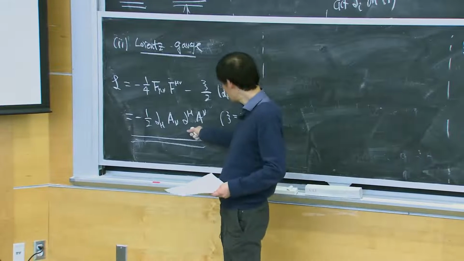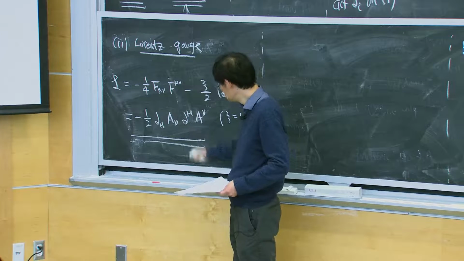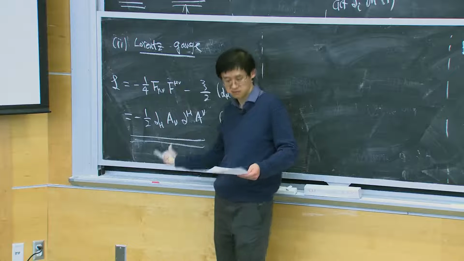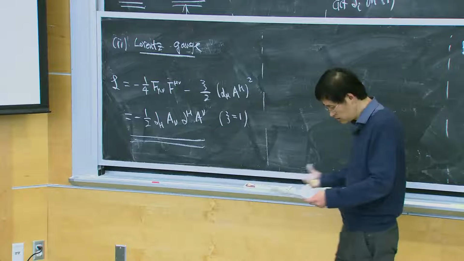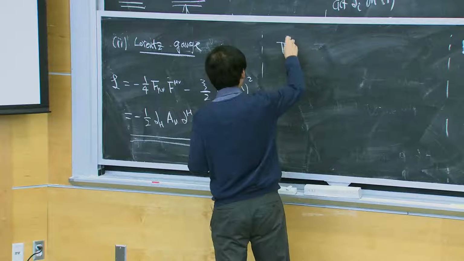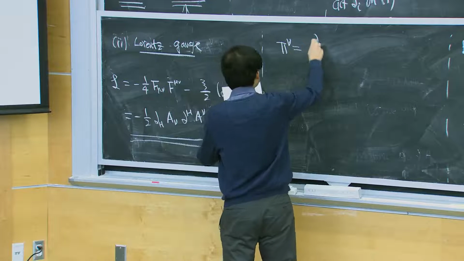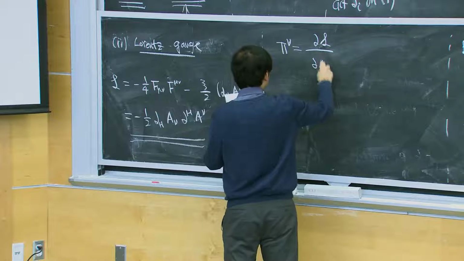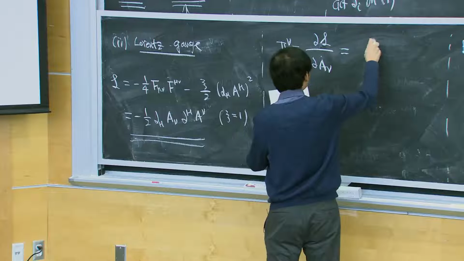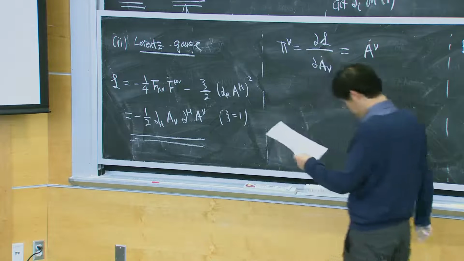So now this theory seems to be very simple. This is just like 4 decoupled massless scalar fields. So we can straightforwardly write down its canonical momentum, pi^nu, which is just equal to A^nu dot, up to a sign.